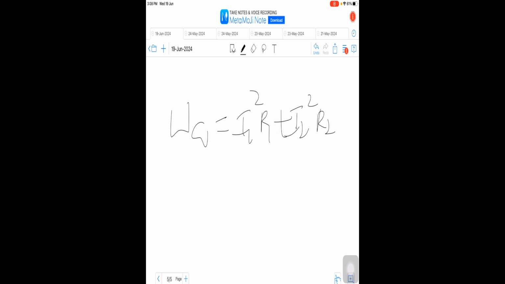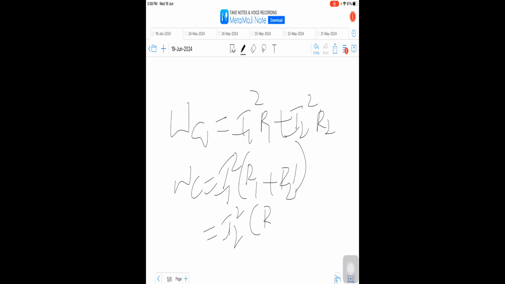When the copper loss is referred to the primary side, Wc = I1^2 (R1 + R2'). Similarly, with respect to the secondary, Wc = I2^2 (R1' + R2).